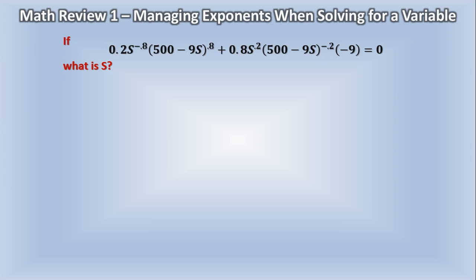Now, let's say you've got this expression here, and you're trying to solve for s. The only way you can solve for s is by employing your knowledge of the properties of exponents to try to isolate s. So we've got this term here being multiplied by this term here. They're not the same term, so we can't just add the exponents. Same thing over here, and this is being multiplied by -9.